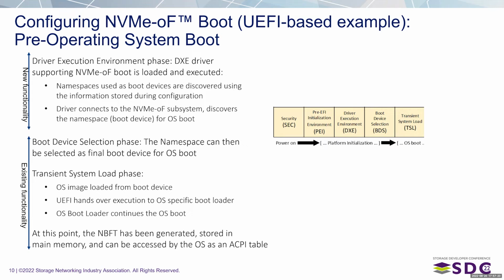DXE is followed by the boot device selection phase, or BDS. BDS is when namespaces that can be selected as a final boot device are present and enumerated. Lastly, BDS is followed by the transient system load phase, which is where the OS image for the boot device is loaded and UEFI to OS execution handover is performed. At this point, the NBFT has been generated and is accessible to the OS.